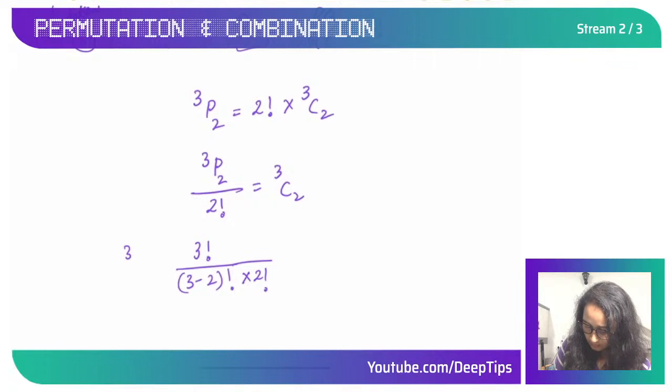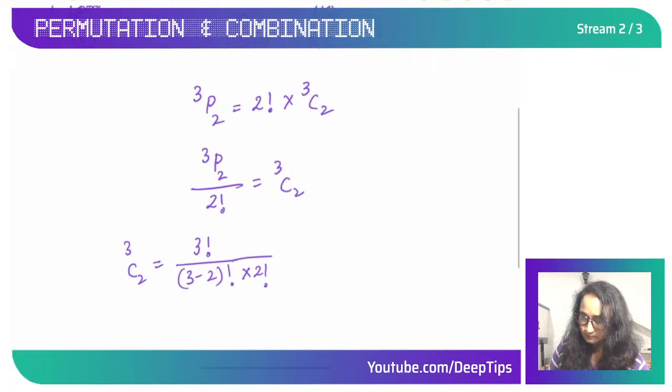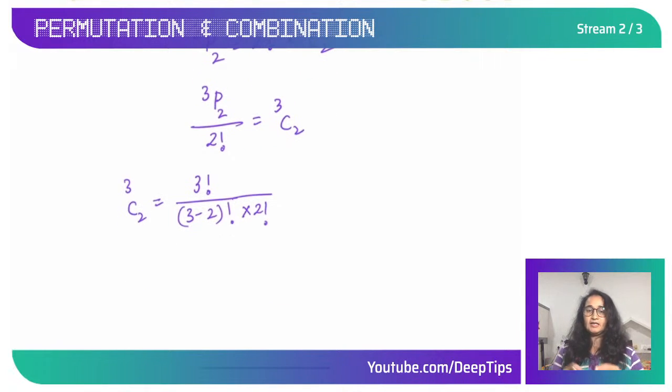So this is your 3C2. It is a combination of 3 different objects taken 2 at a time. So if anybody asks you what 3C2 means, it means each combination here specifies that out of 3 people, 2 are selected at a time, right?